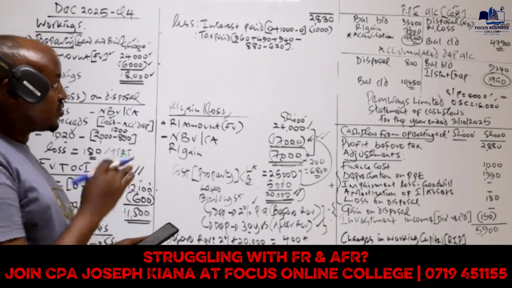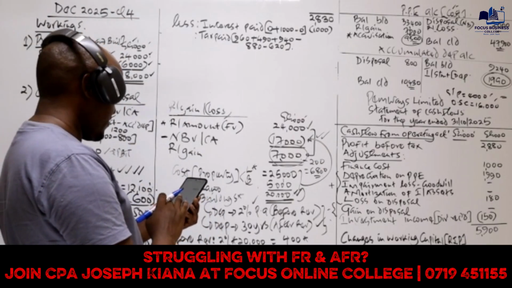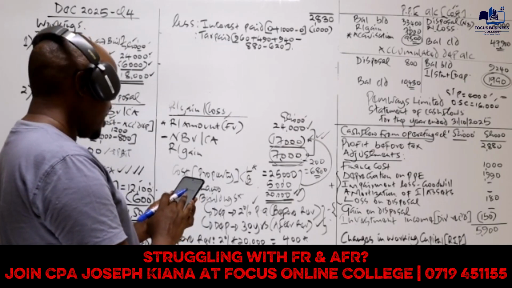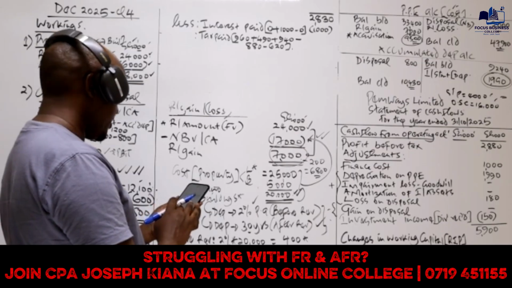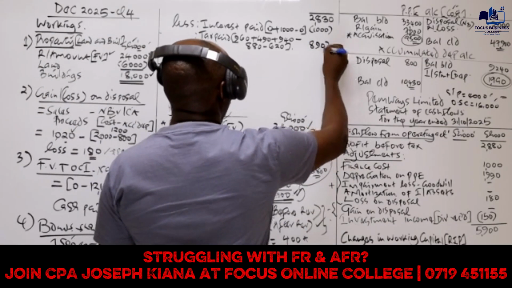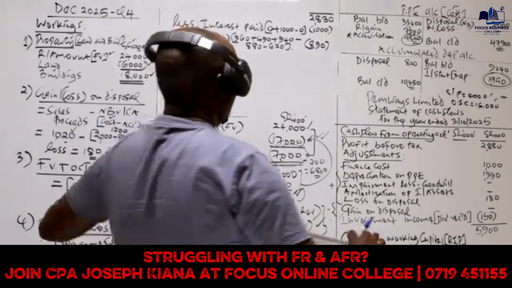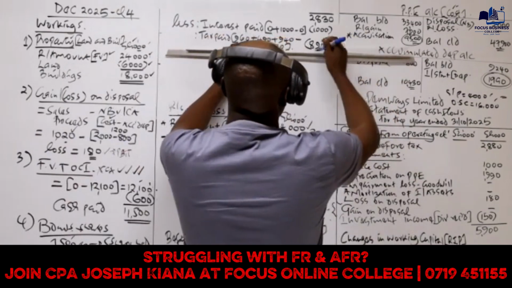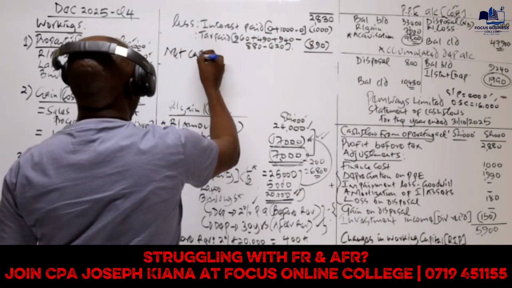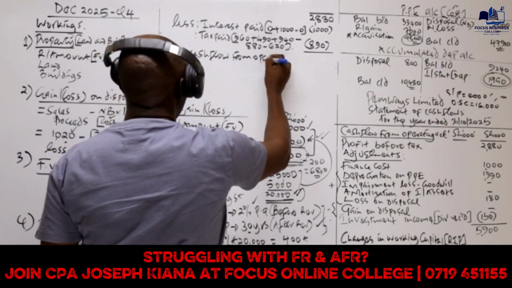So we have 960 plus 490 plus 940 minus 880 minus 620. So this basically will give us 890. This is the tax which was paid. So having that, we move and basically we get the net cash flows from operating activities.